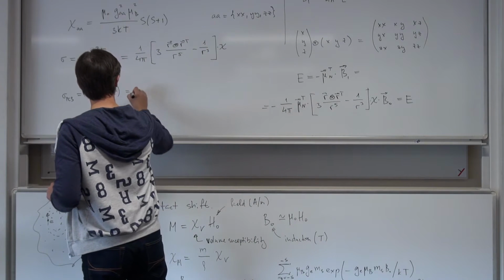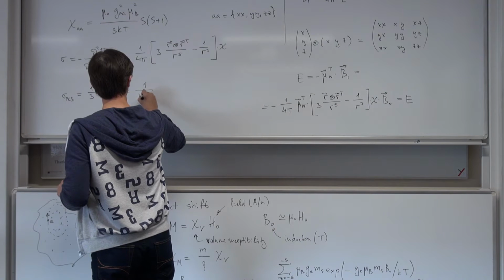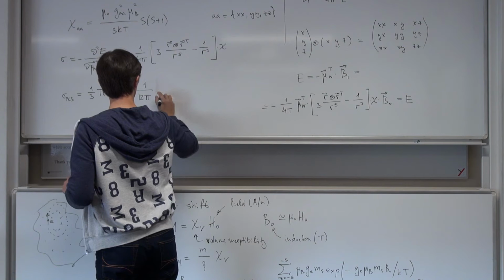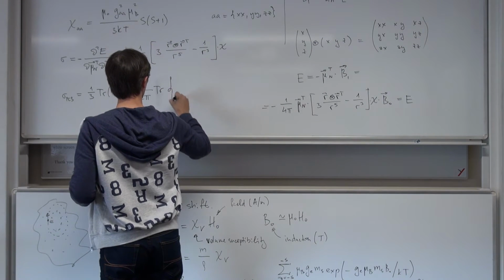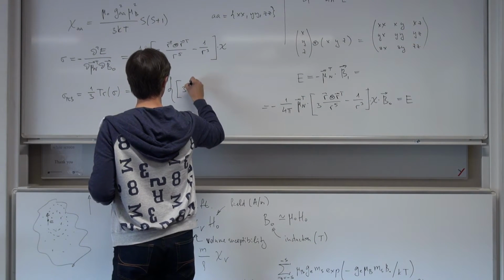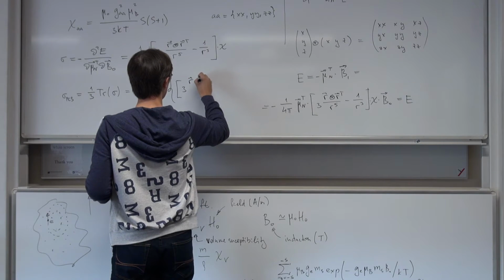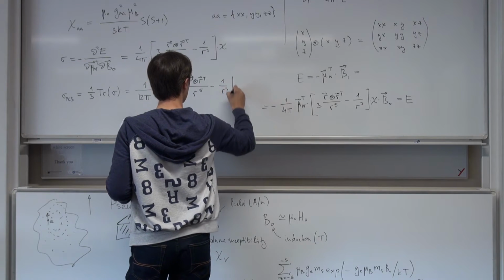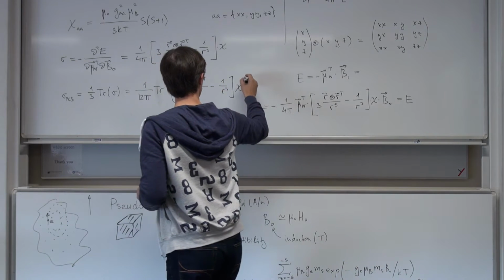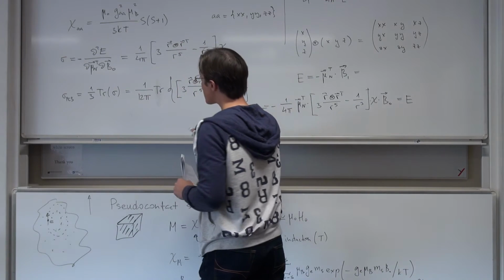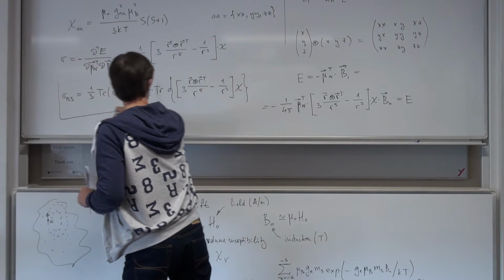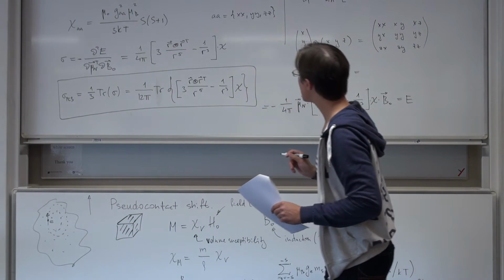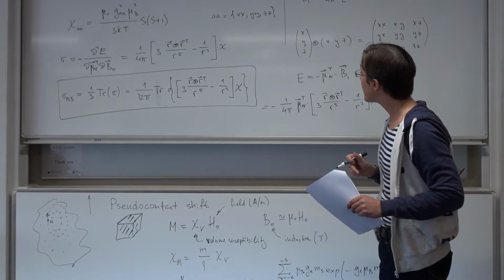And so what we have in the end is 1 over 12 pi then trace of 3r cron r transpose over r to the fifth minus 1 over r cubed times the susceptibility tensor, and that's it. So this is the textbook expression for the pseudocontact shift that is generated by the presence of the electron with the magnetic susceptibility chi.